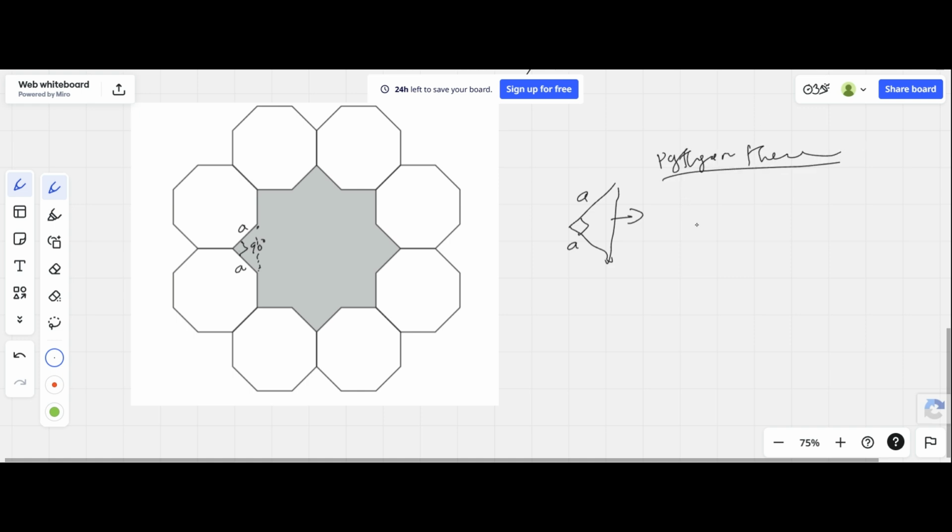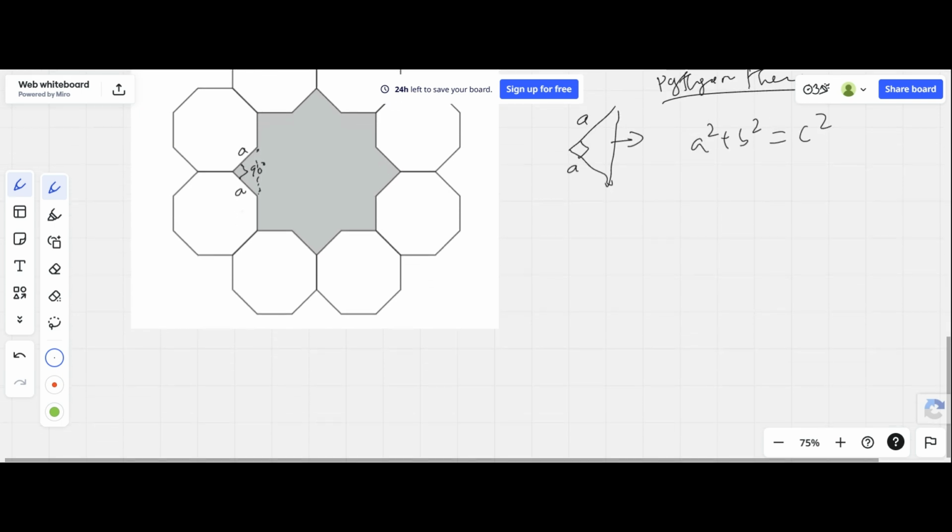What does Pythagoras theorem say? A squared plus B squared is equal to C squared. If you're confused why we are using Pythagoras: when we get a triangle, there can be two types. One is a right angle triangle, which means there will be 90 degrees.